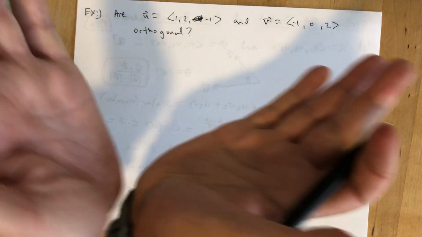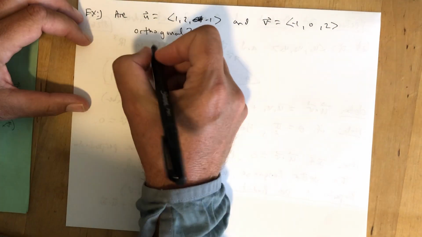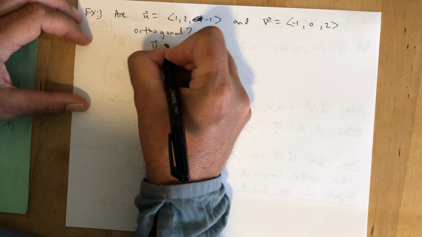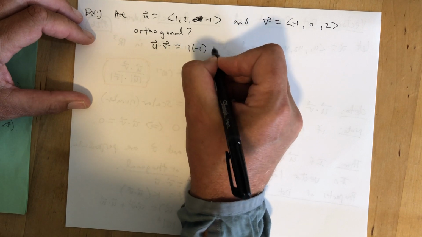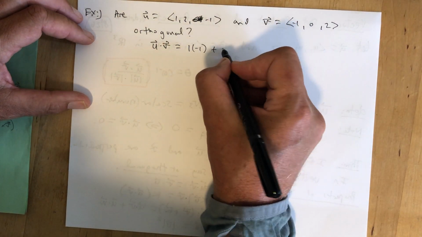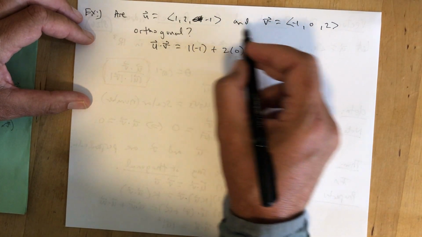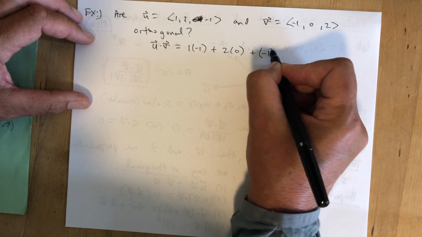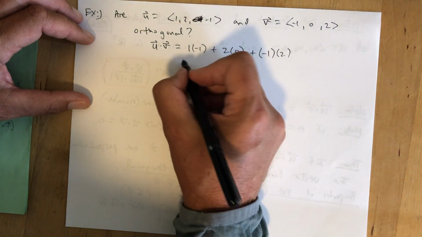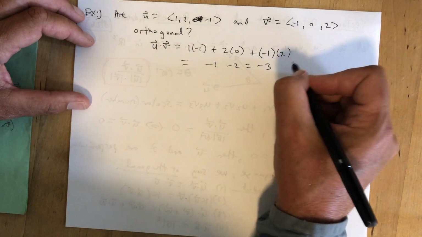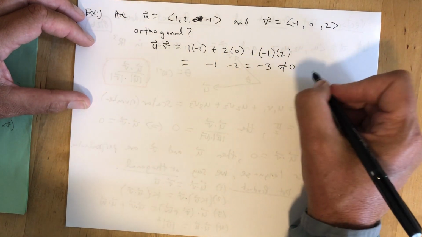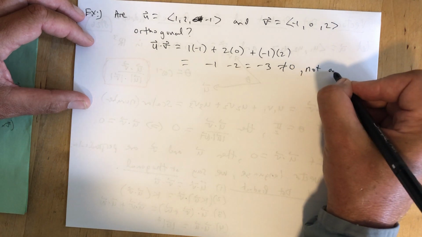In other words, are they right angles to each other? So here we go. We compute u dot v, and we get 1 times minus 1 plus 2 times 0 plus minus 1 times 2. What's that? Minus 1 minus 2, it's minus 3. It's not equal to 0, so they're not orthogonal.